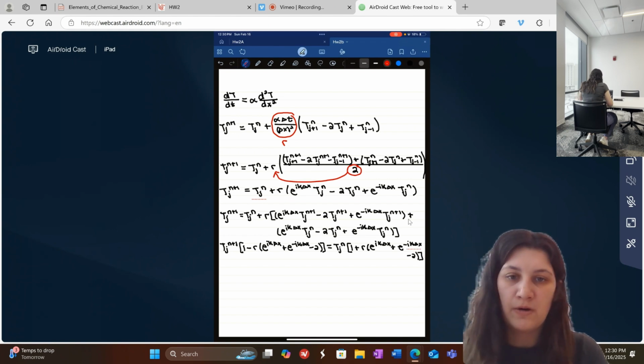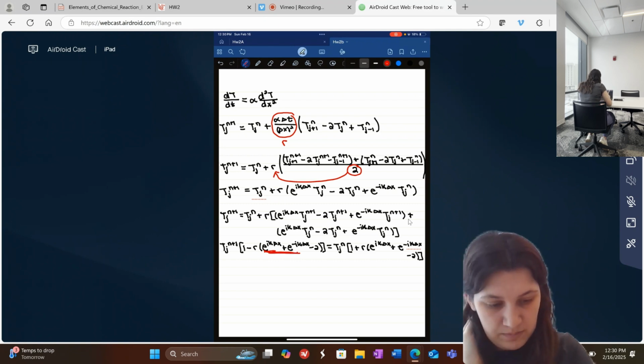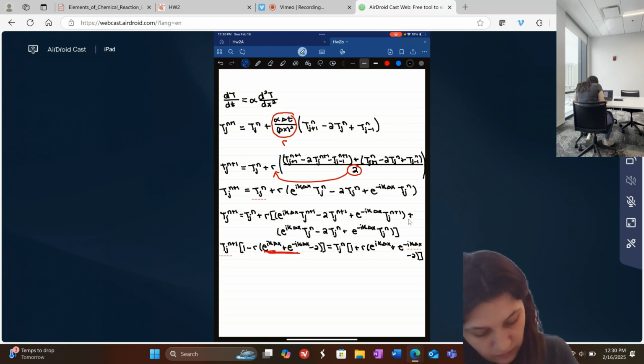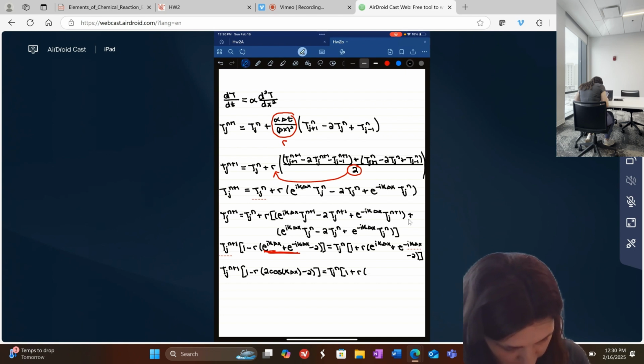Now, like in part A, we know that this term here ends up being a cosine term. So if we put that in, we end up with Tj n+1 times 1 minus r times 2 cosine kΔx minus 2, equal to Tj n times 1 plus r times 2 cosine kΔx minus 2.